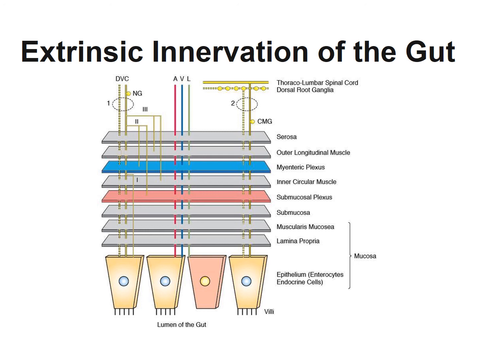This afferent fiber of the vagus reaches the two plexuses of the enteric nervous system, the myenteric plexus and the submucosal plexus. That's why it's called interganglionic.